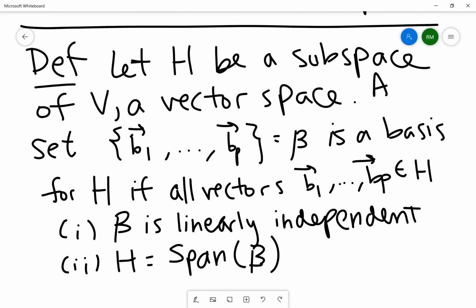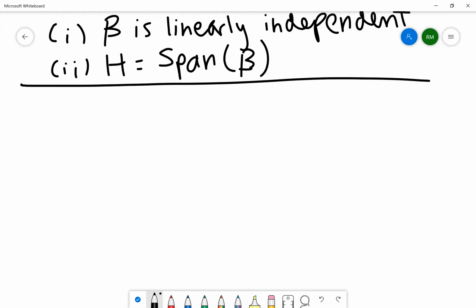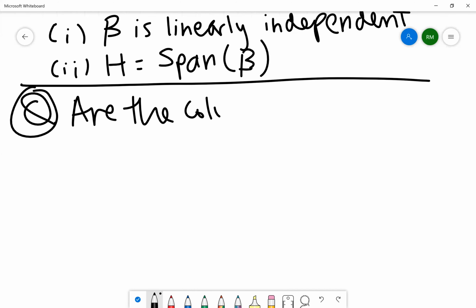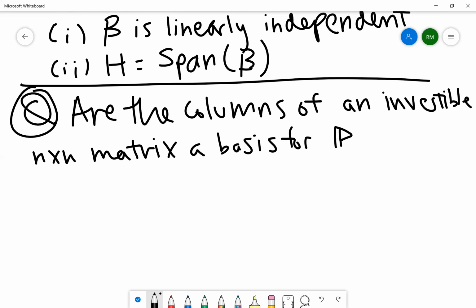Span, your favorite concept, just means all possible linear combinations. Okay, just to see how your memory about these things is, I want to ask you a question. Are the columns of an invertible n by n matrix a basis for Rn?